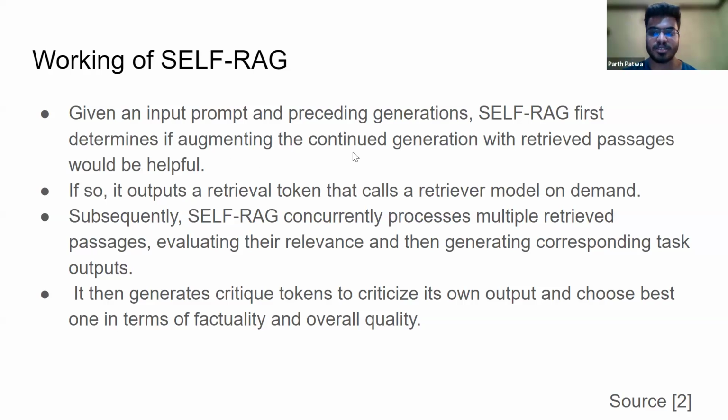So what happens is first we are determining if we need the retrieval. If we need the retrieval, then we call the retriever model on demand, and then multiple documents are retrieved, and Self-RAG concurrently processes each of the retrieved passages. Each passage is individually evaluated for relevance, and corresponding outputs are generated, and then the corresponding outputs are again criticized by the LLM.